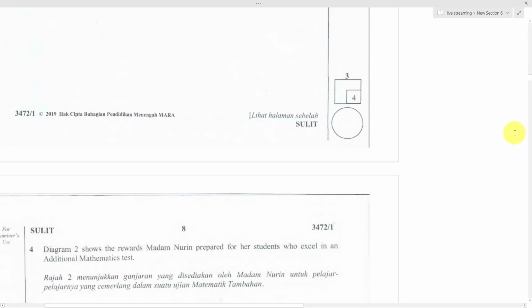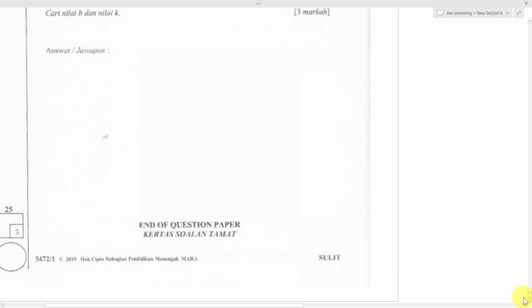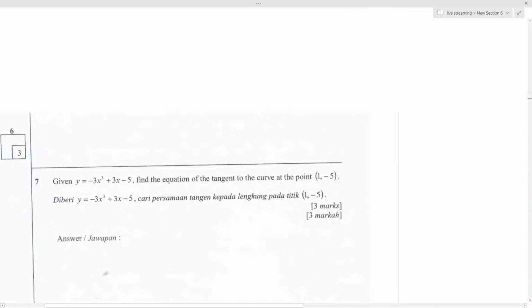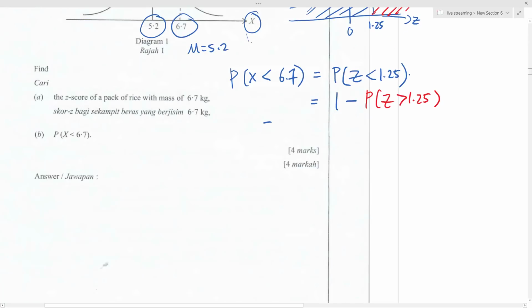Alright, then I want to check what is 1.25. So let me scroll down to see what is 1.25. I hope this one does give a z value table. Okay, we don't have a z value table here. Maybe I will just use the calculator.